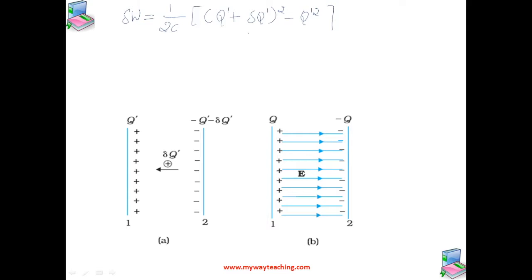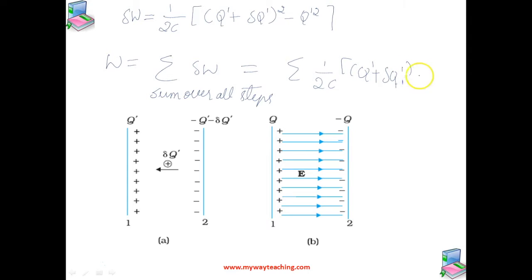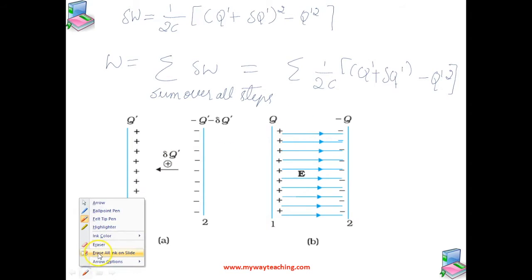So the total work done is the sum of the work over a very large number of steps involved in building the charge Q' from 0 to Q. So we can write the total work done as the sum over all steps, and we can expand this equation.